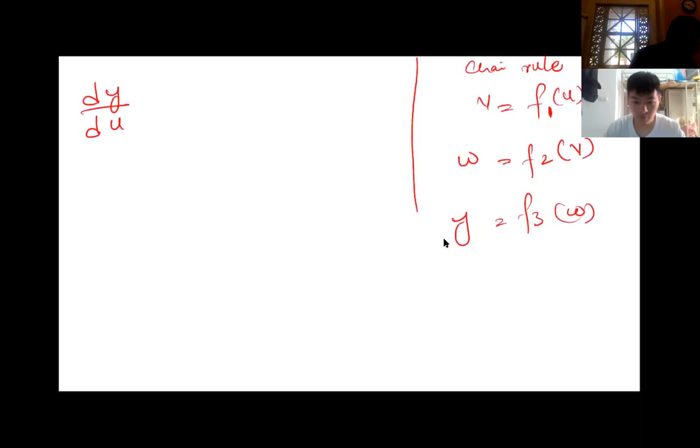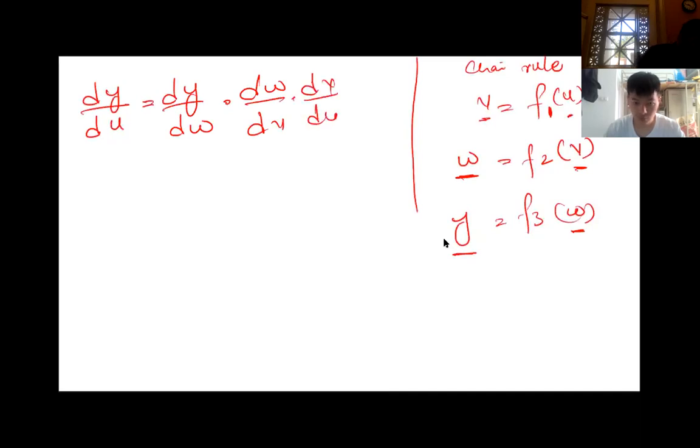Okay, what I can do is I can break it down into parts. I can find the derivative of y with respect to w first. Then I'll take the derivative of w with respect to v. Then I'll take the derivative of v with respect to u, and that's exactly equivalent to derivative of y with respect to u.